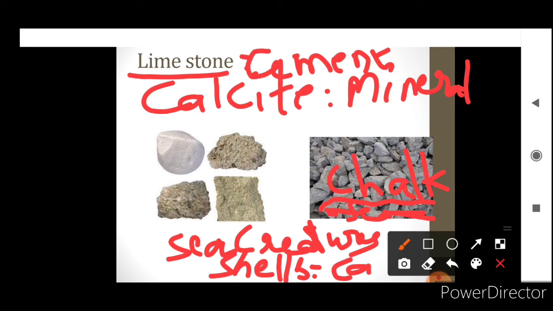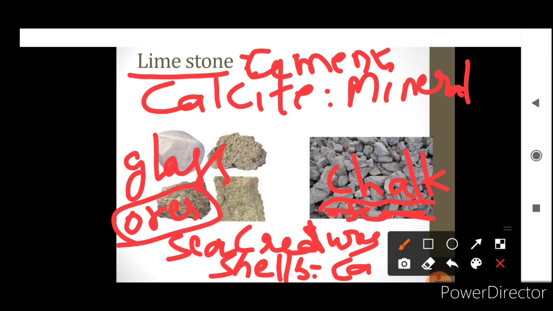Chalk is made and cement is made from it, and it is also used in making glass and for separating the pure metals from their ores. Ore means a mixture of many metals.